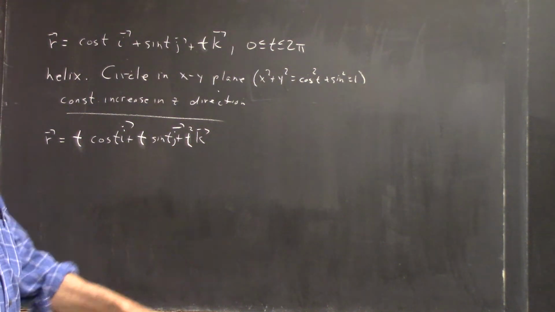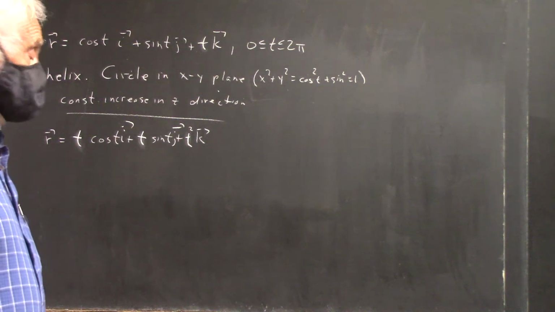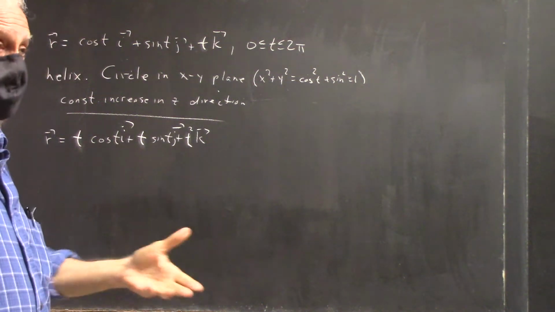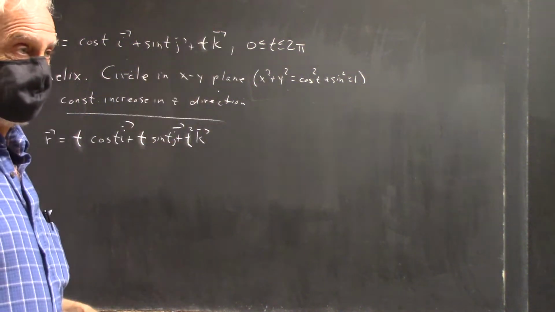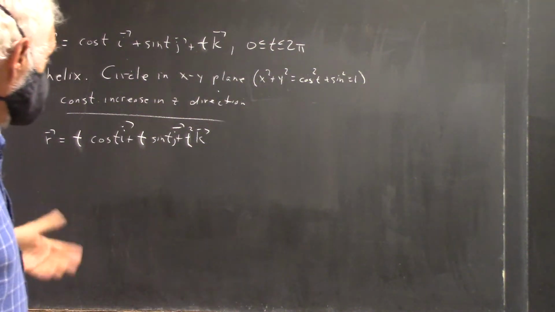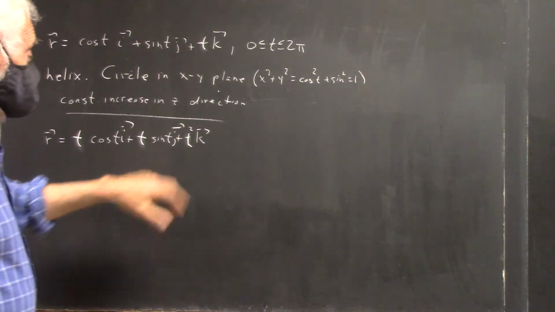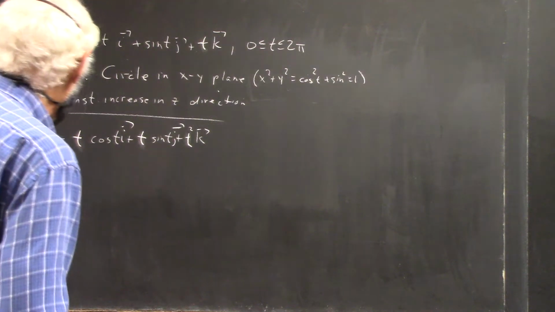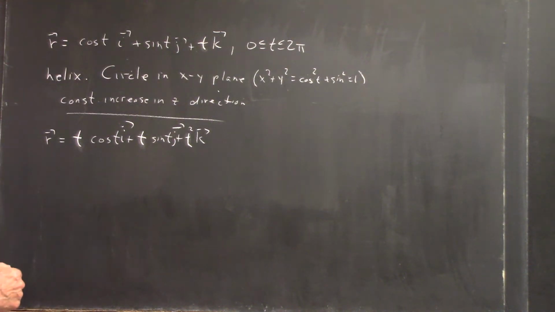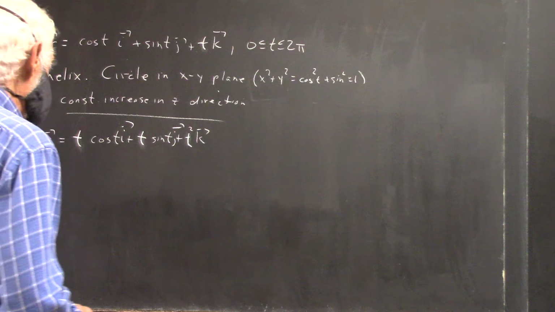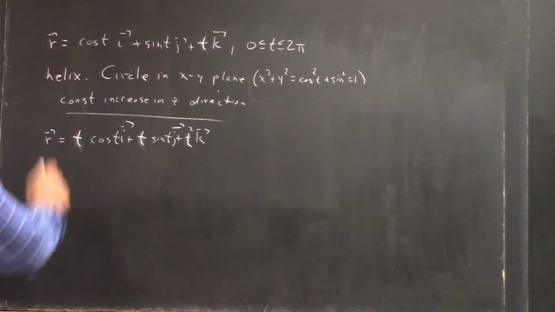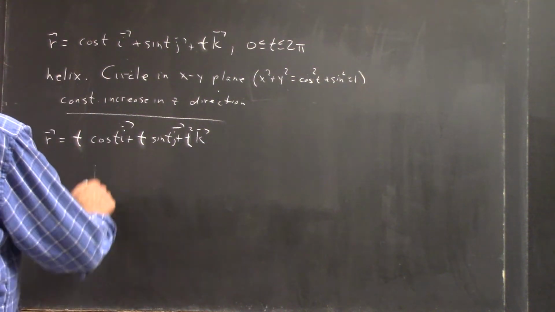Well, this is increasing faster and faster, kind of like a uniform acceleration upward. Since everybody here's in physics, that's exactly what we're talking about there. Okay, so you could sketch this one pretty easily, but this one's a little more interesting.